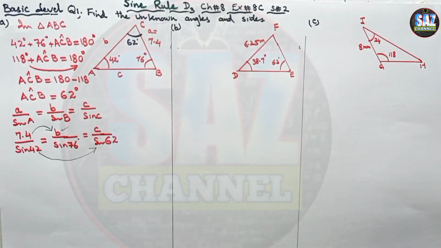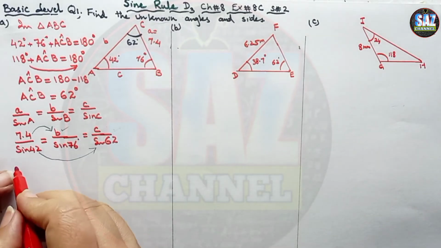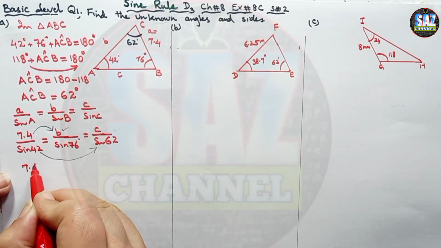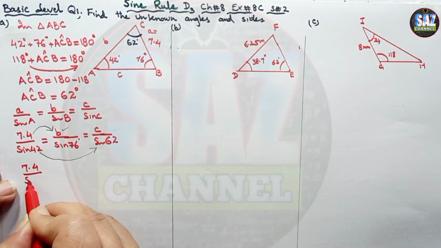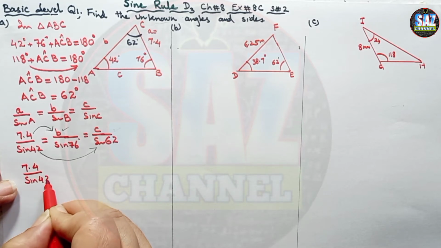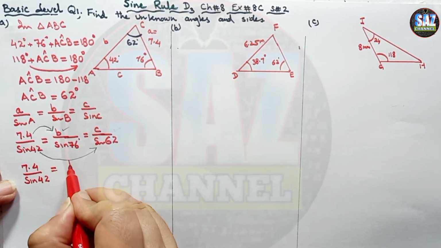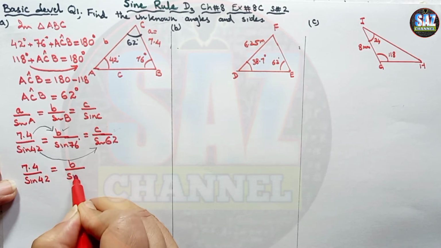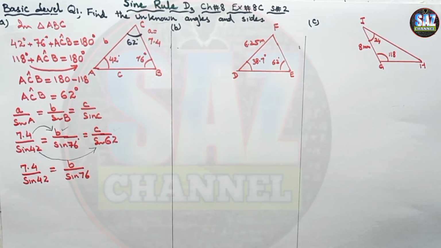Now I take 7.4 upon sine 42 degrees equals b upon sine 76. Let me check the calculation.